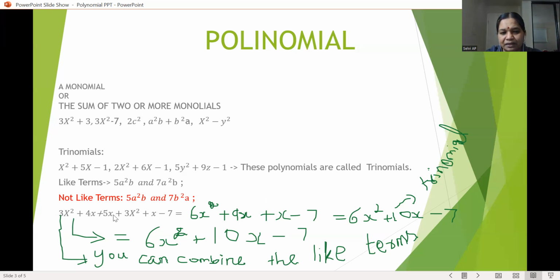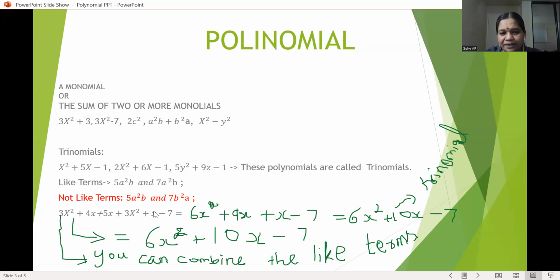If the terms are like, it means the terms are the same based on the variable and the exponent value, then you can combine them. So see 3x square, then you see wherever there is any x square term. Yes, it's here. So 3x square plus 3x square is 6x square. Next you see the x terms: 4x plus 5x is 9x.